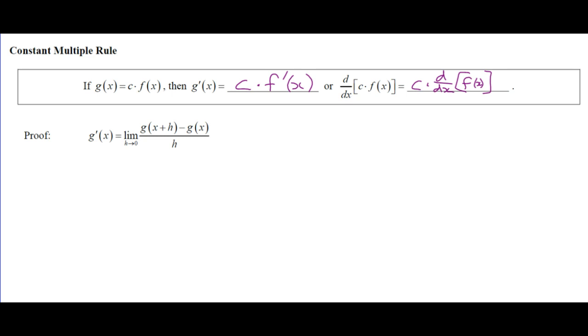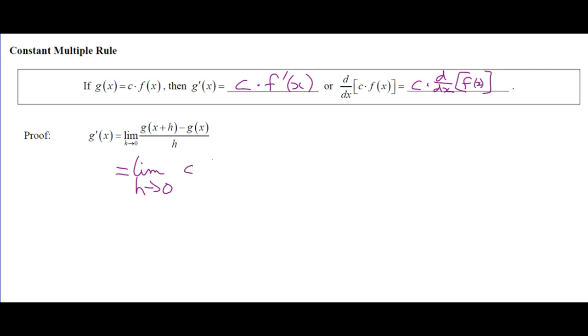The proof. Well, g prime of x is equal to the limit as h approaches 0 of g of x plus h minus g of x over h. But what is g of x? So g of x plus h is equal to c times f of x plus h, right? You put an x plus h in here, then you're going to put an x plus h in there.